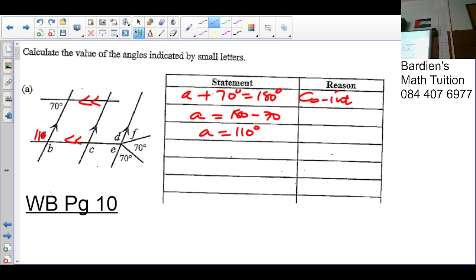Are you going to calculate B? B? 110 degrees. Why? Nice.